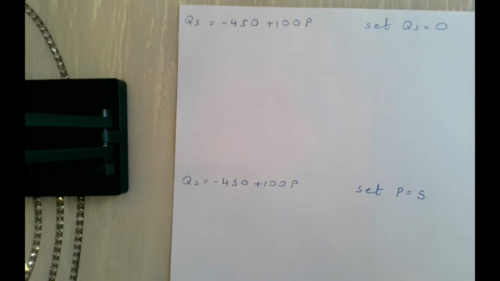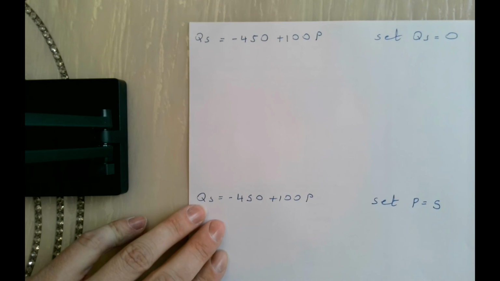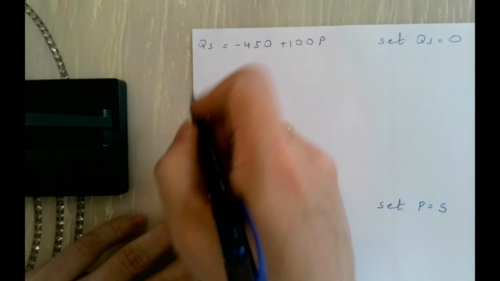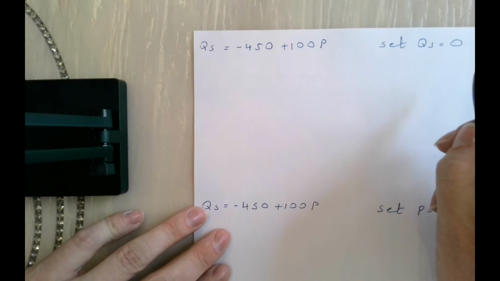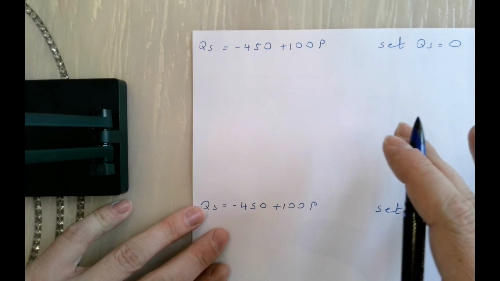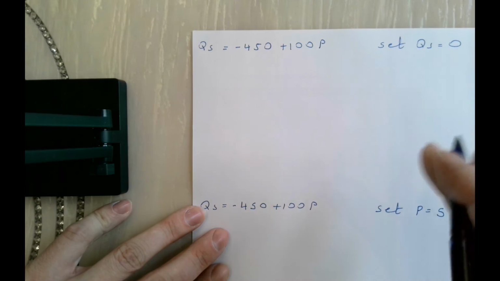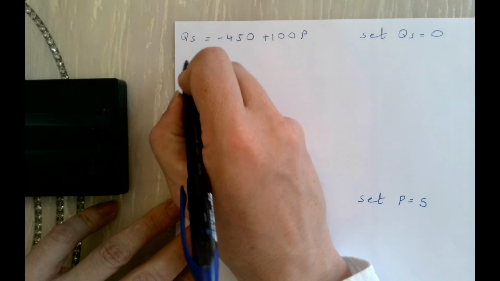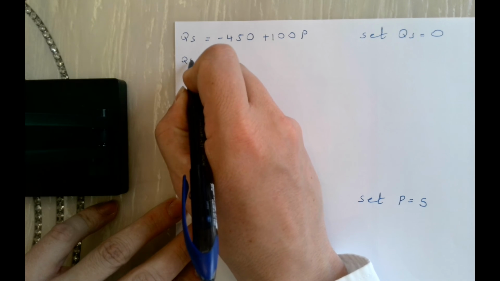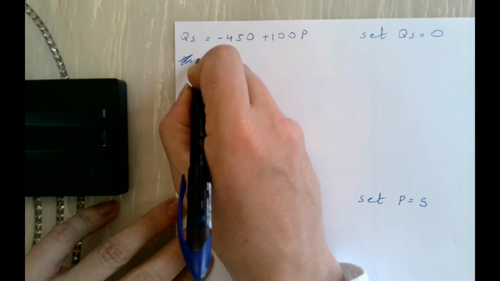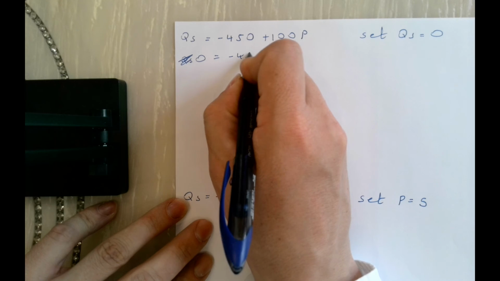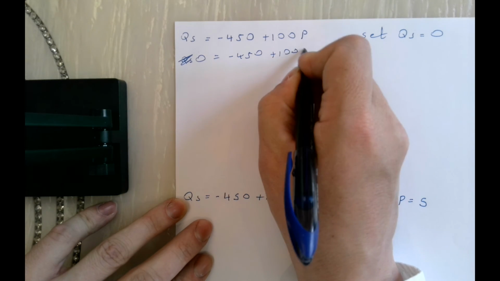Right, there are a few things I want to go on to here, and this is important. You can do this, but I just don't. I'm making a point of you choosing a number set that I don't think you should choose. So we're going to set QS as 0. We've got 0 equals minus 450 plus 100p.